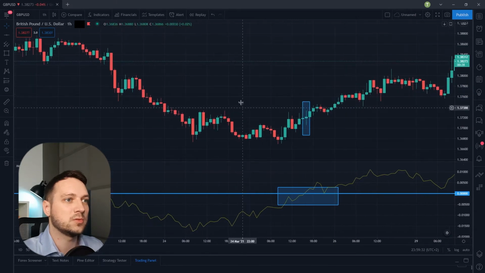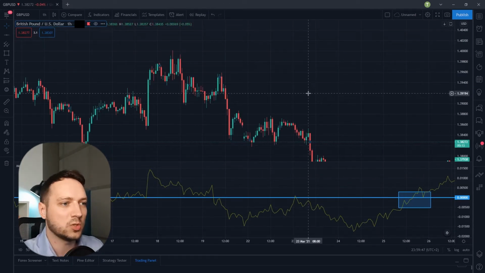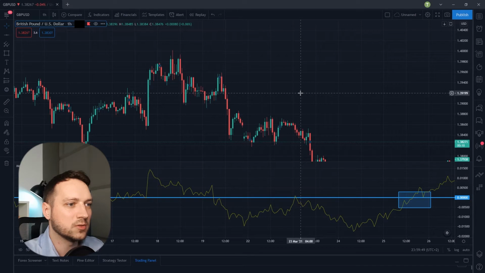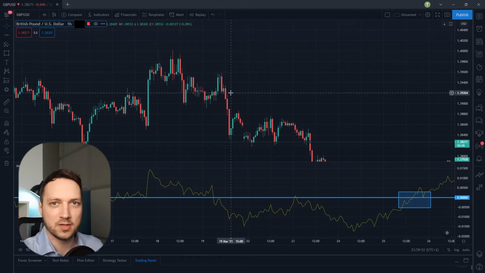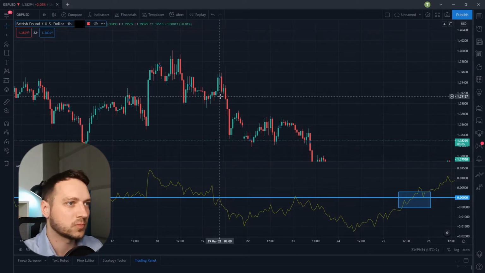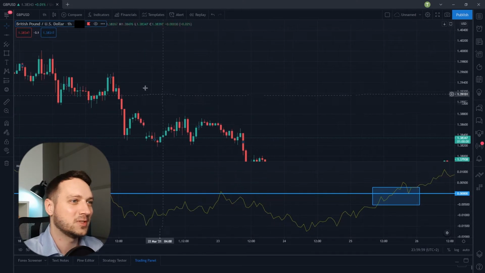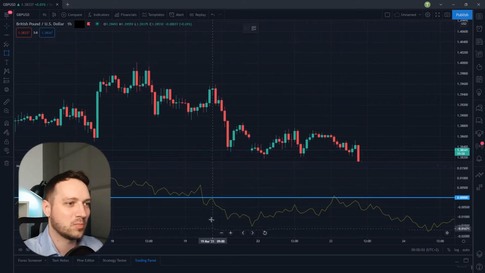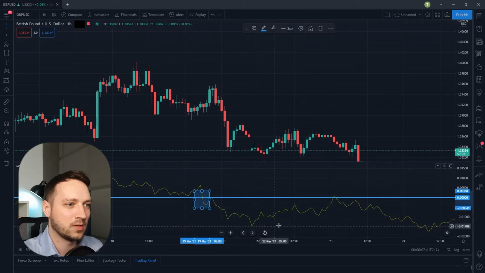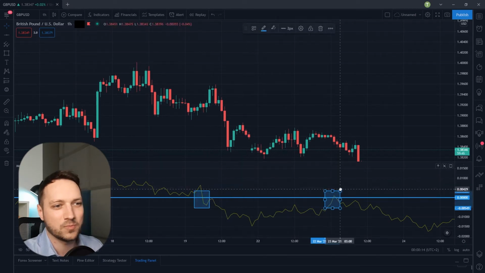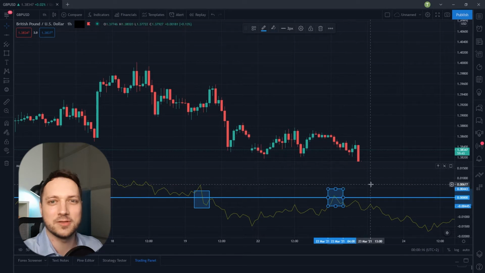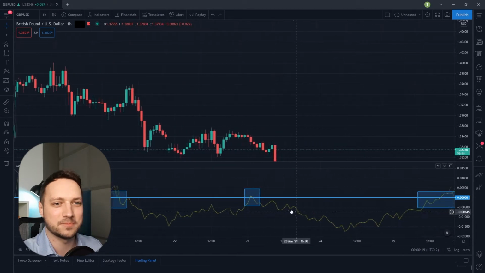Let's check other examples. So this would be a good one because it would give us also the idea where to place a stop loss, which is in every strategy a must have. So let's zoom it in, mark the entry level, which is right here. Mark the exit level. We could discuss if it would give us the exit level.